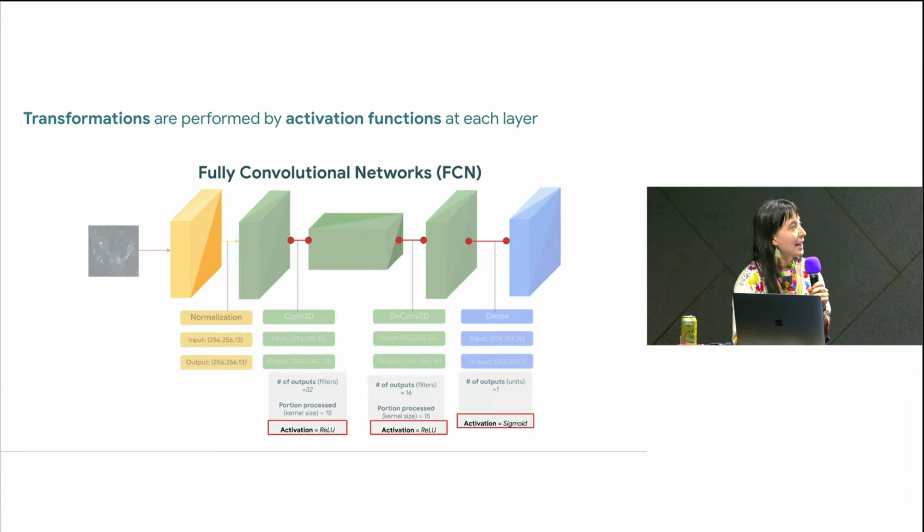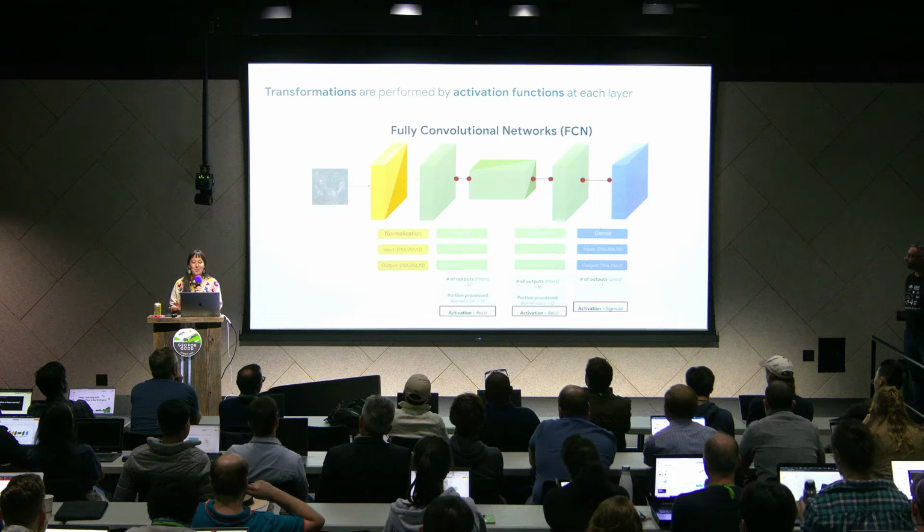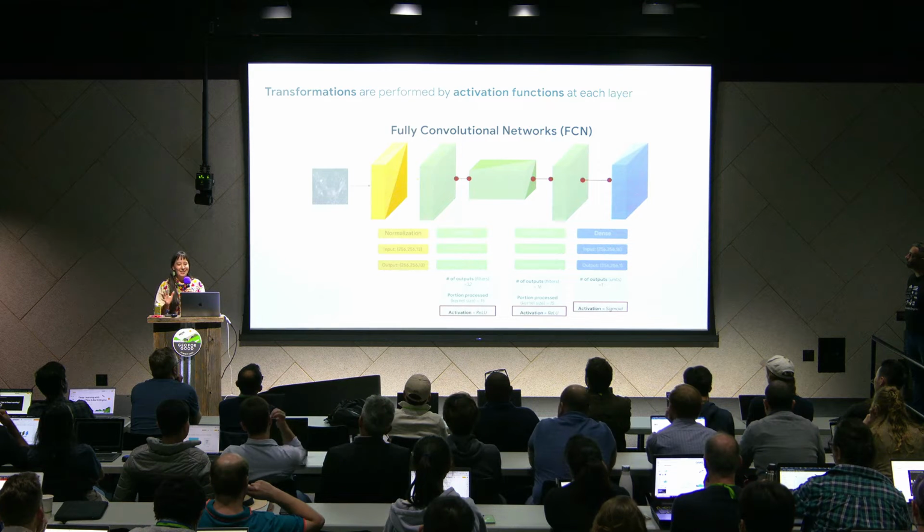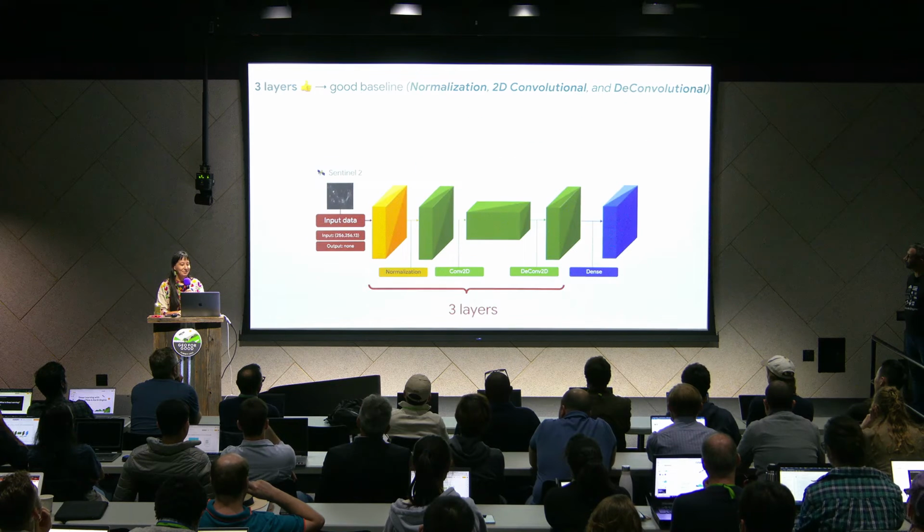Each layer, by the way, has something called an activation function, which performs the transformations at every single layer before it passes on to the next layer. My peer David's example, by the way, walks through everything about this. We're trying to keep it very high level to make it accessible, but I'll share the link in a bit.